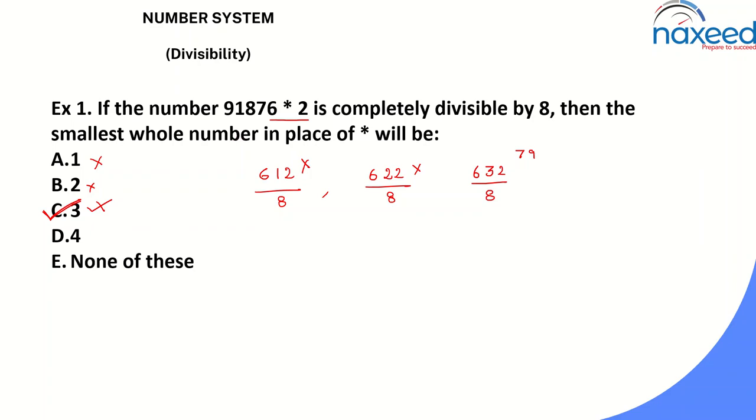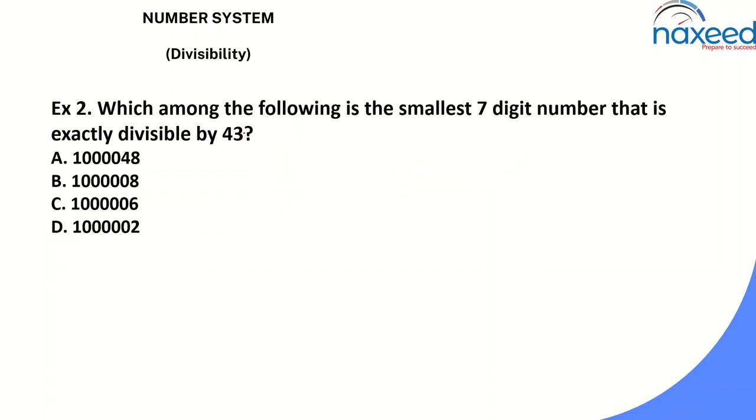That's it. Next example: which among the following is the smallest 7-digit number that is exactly divisible by 43? The smallest 7-digit number is 1 followed by 6 zeros, right? Check by the general method whether this number is divisible by 43 completely or not, and whatever remainder you get, check which number is suitable.